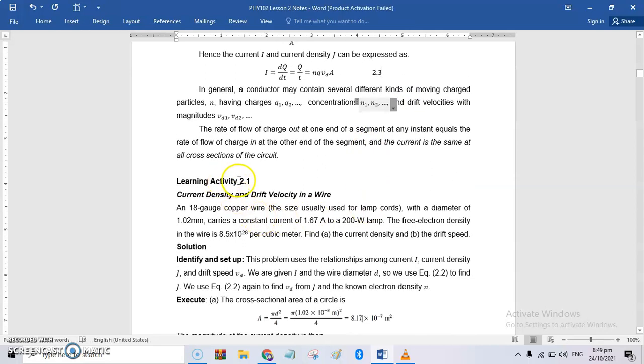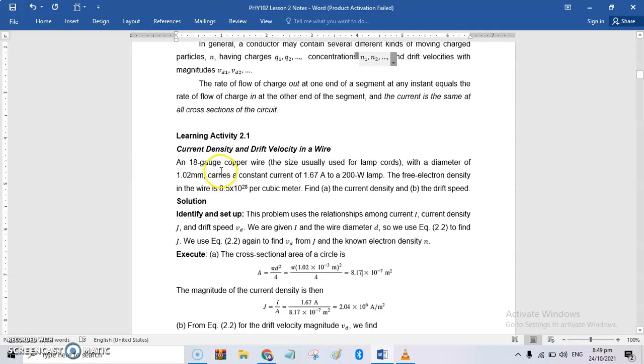For learning activity 2.1, current density and drift velocity in a wire. An 18-gauge copper wire, which is usually used for lamp cords. When we say gauge, that is the thickness of our copper wire, with a diameter of 1.02 mm.